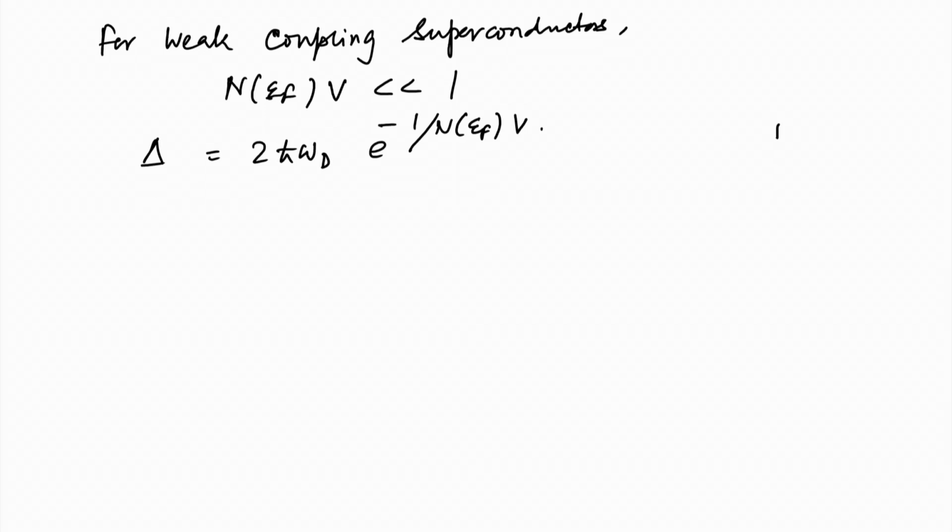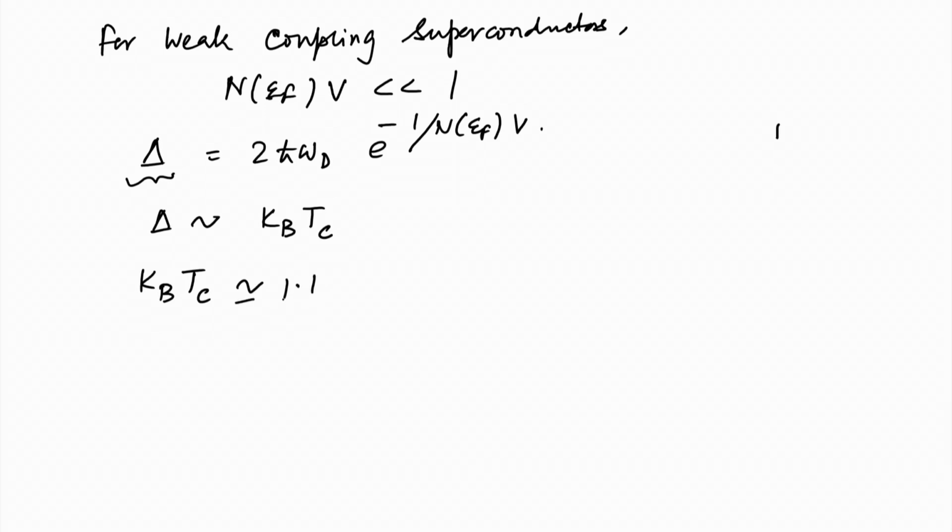And in BCS theory, this energy gap is a scale which is given by the temperature scale. So, delta is of the order of K TC, and so K TC becomes equal to 1.14.